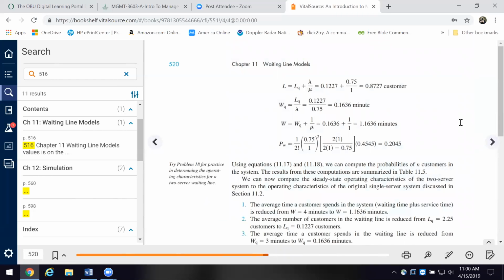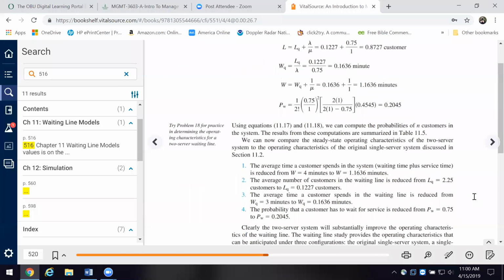And then we walk through building the equations to look at the number of customers and the waiting time per minute, and just basically building that. These really start to become like constraints.